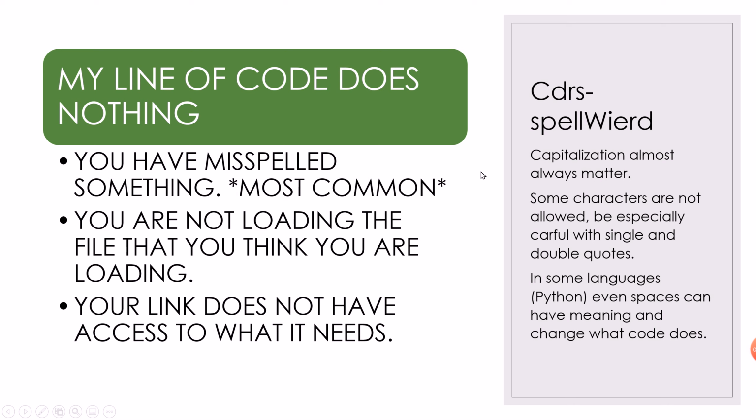Most common problem in that situation is something is misspelled. Computer programmers and coders spell weird. The variable names that we give to things and objects are not allowed to have spaces, but they're often very complex concepts.